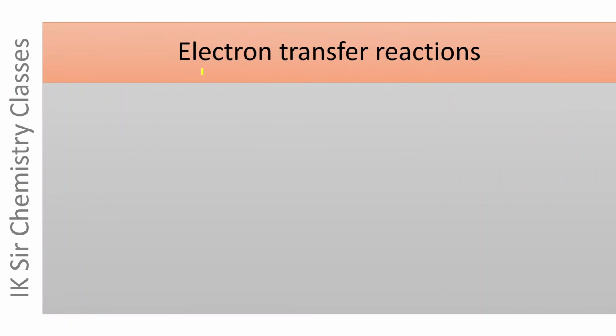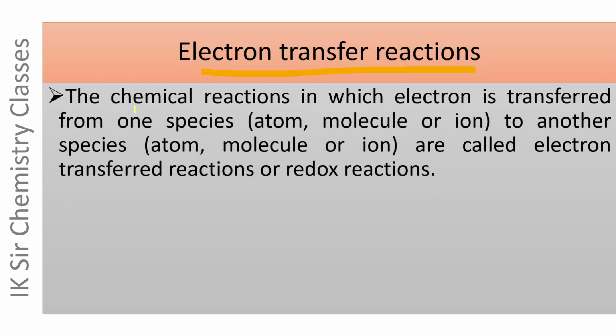First of all, let us see what are electron transfer reactions. The chemical reactions in which electron is transferred from one atomic, molecular or ionic species to another atomic, molecular or ionic species are called electron transfer reactions.